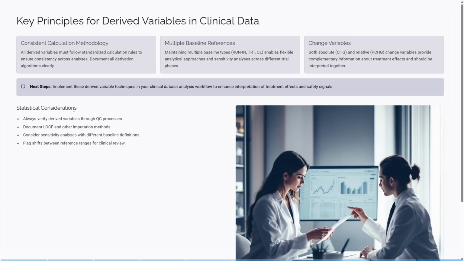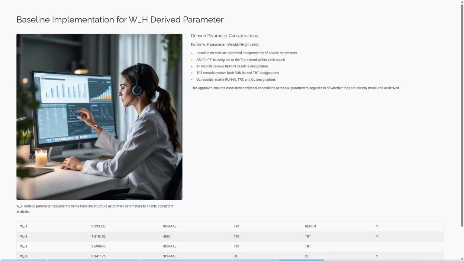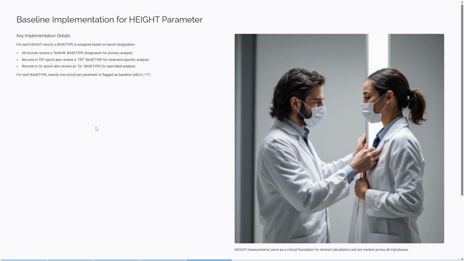Okay, the statistical considerations: always verify derived variables through the QC process. Document LOCF and other imputation methods. Consider sensitivity analysis with different baseline definitions and flag shifts between reference ranges for clinical review. Okay, so these are some important considerations as you go step by step, understanding these principles when you're creating a new parameter based on the baseline, based on the different phases.